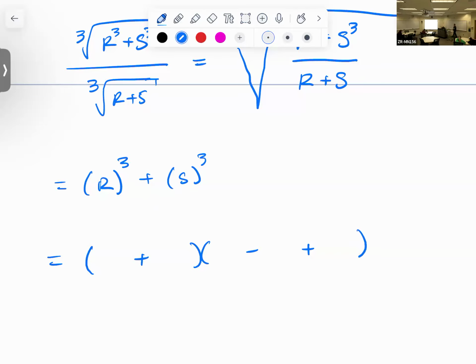I like to fill in the signs first. R cubed makes r cubed, s cubed makes s cubed, which gives me my first two terms, r and s. Whatever you use to make the value cubed drops down.